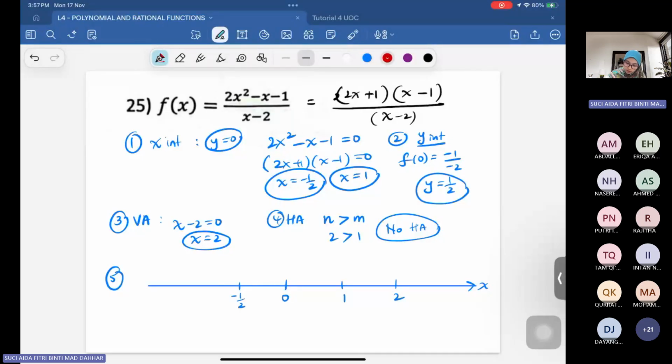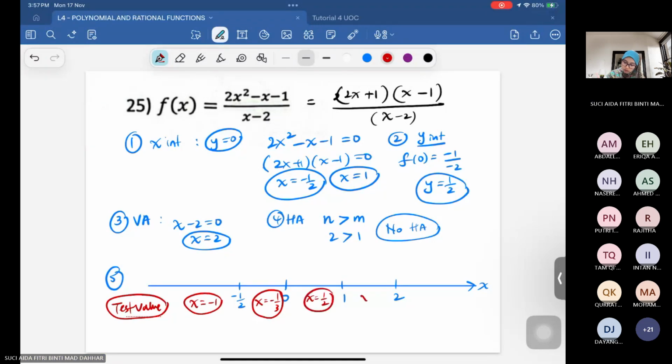So this will divide our test into 1, 2, 3, 4, 5. Let me choose negative 1 here, this is negative 1/3, this is positive half, let's say 1.5, and this we can take 3 or 4.